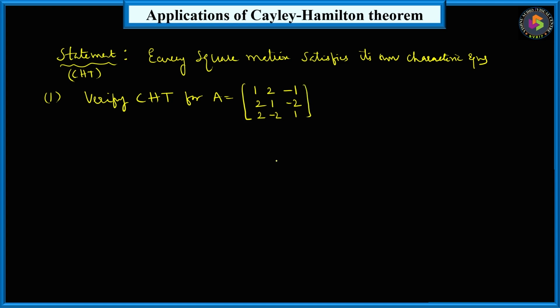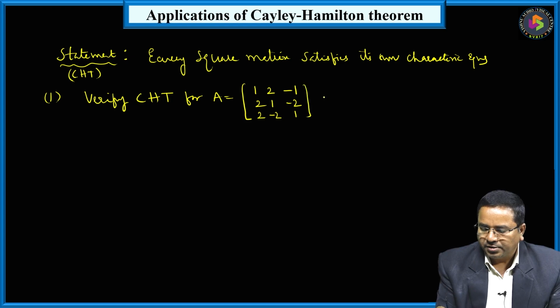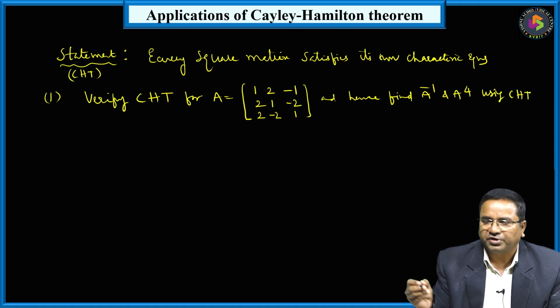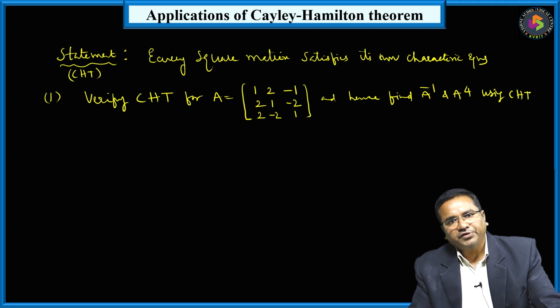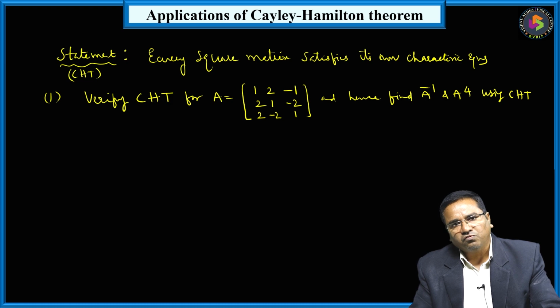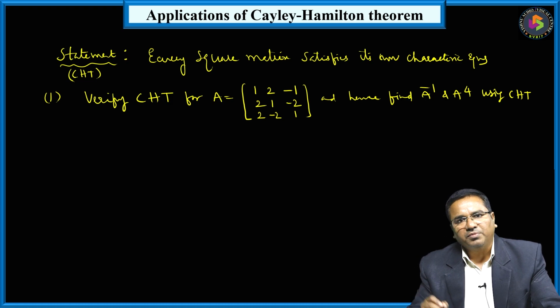Verify Cayley-Hamilton Theorem and hence find A inverse and A to the power of 4 using Cayley-Hamilton Theorem. So this is the first type of problem: verification, and then finding the inverse and power of a matrix.